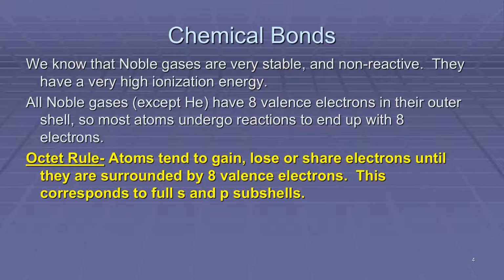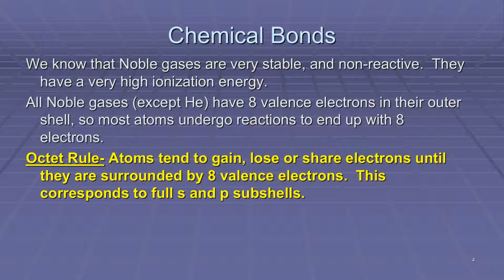So why do atoms form chemical bonds? Well, we know from experience that noble gases are very stable. They don't react with other elements, and they have a very high ionization energy, which means it's very difficult to remove electrons from them. So they're just happy the way they are. We also know from chapter 8 that all noble gases, of course except for helium, have 8 valence electrons in their outermost shell.